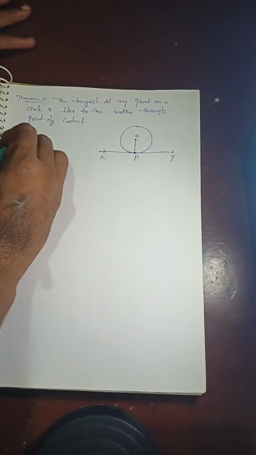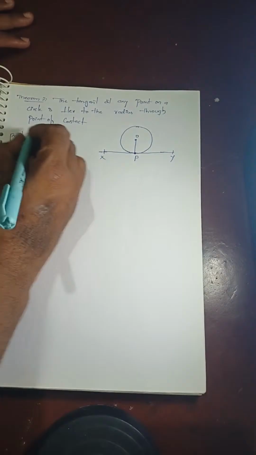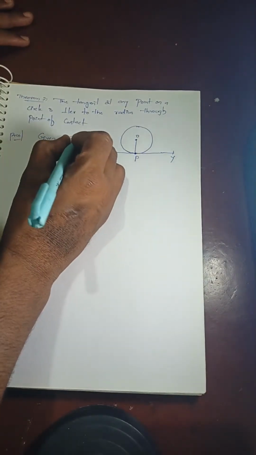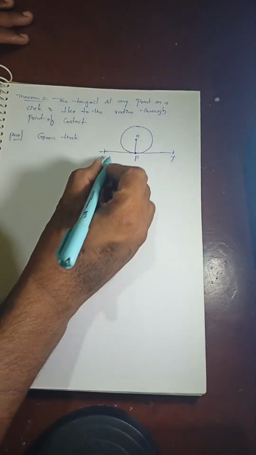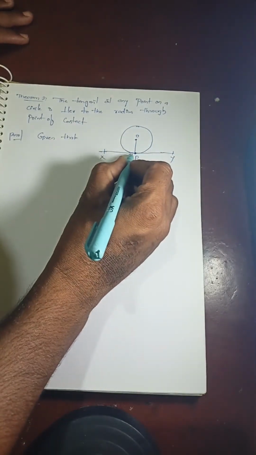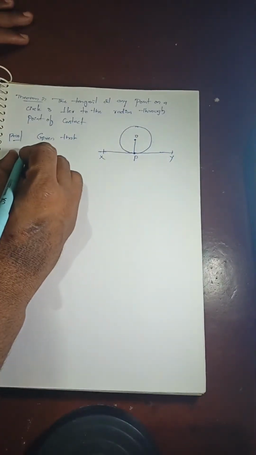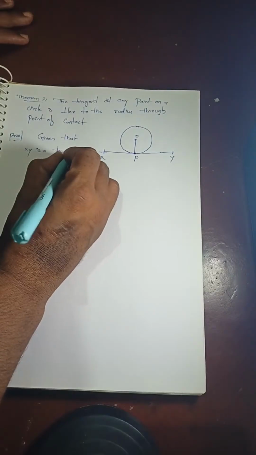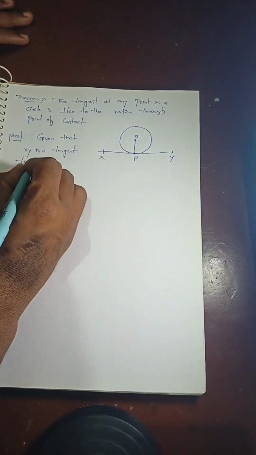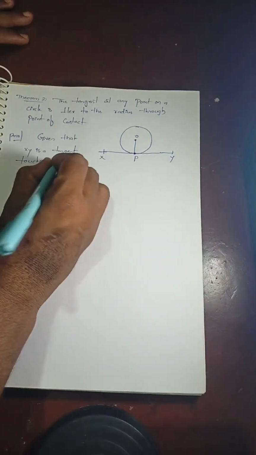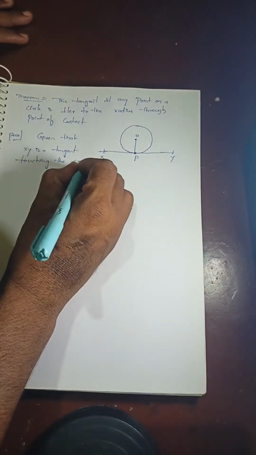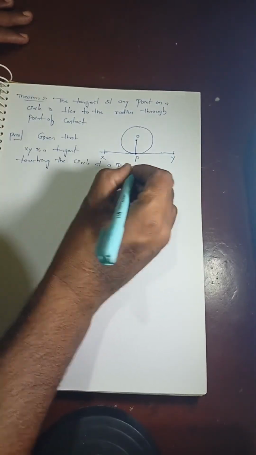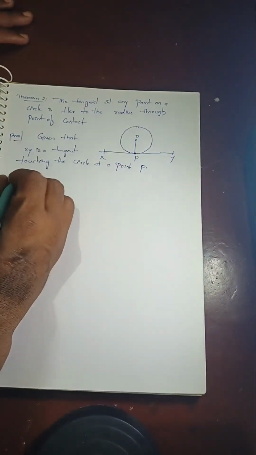So now we are doing the proof. Given that, first, what is given? Given that XY is a tangent touching the circle at a point P. Now what do we have to prove?